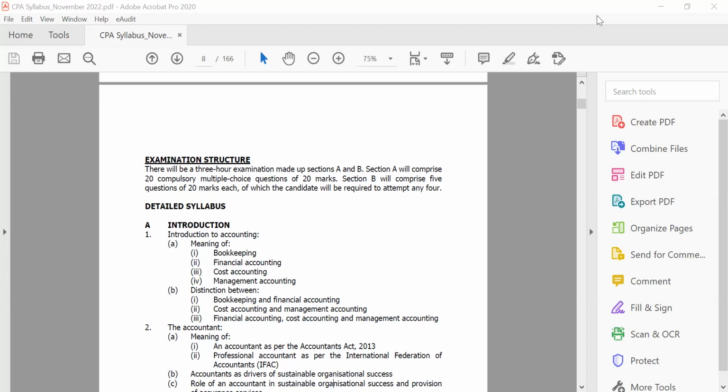For example, a transaction has happened. Maybe Samuel has purchased goods from the company. That is identifying. And then measuring. Measuring means we go ahead to identify how much Samuel has purchased.